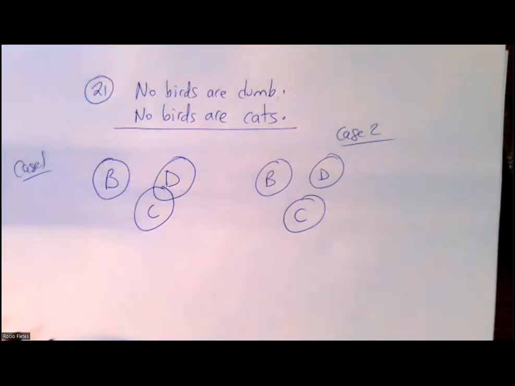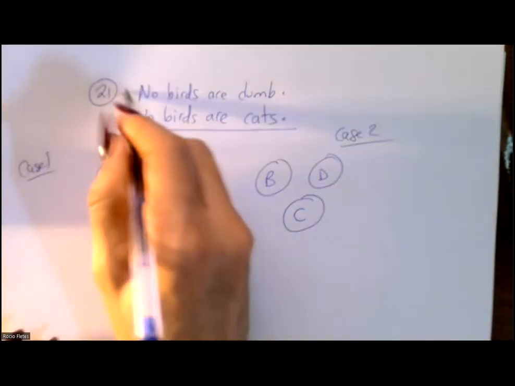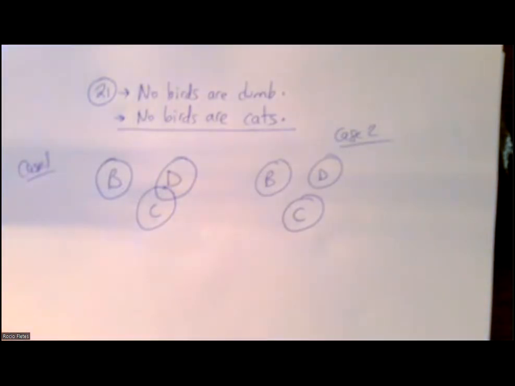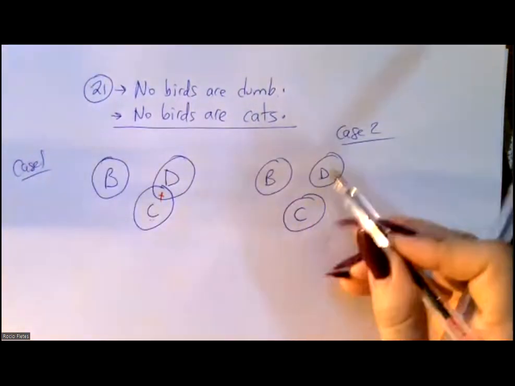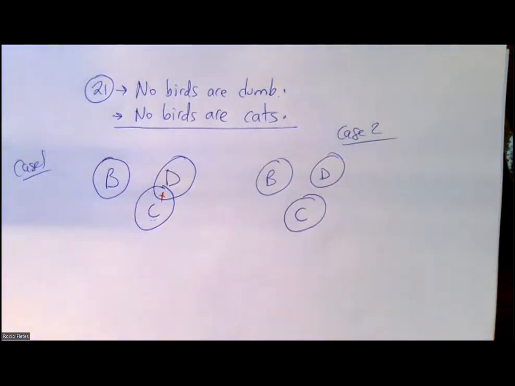I just can't have B and C overlap, because of the second premise. And because of the first premise, I can't have B and D overlap. So can you have a conclusion here? Unfortunately, I can't come up with one, because the cases contradict each other. Here we're saying that some C are D, but over here I'm saying that no C are D.